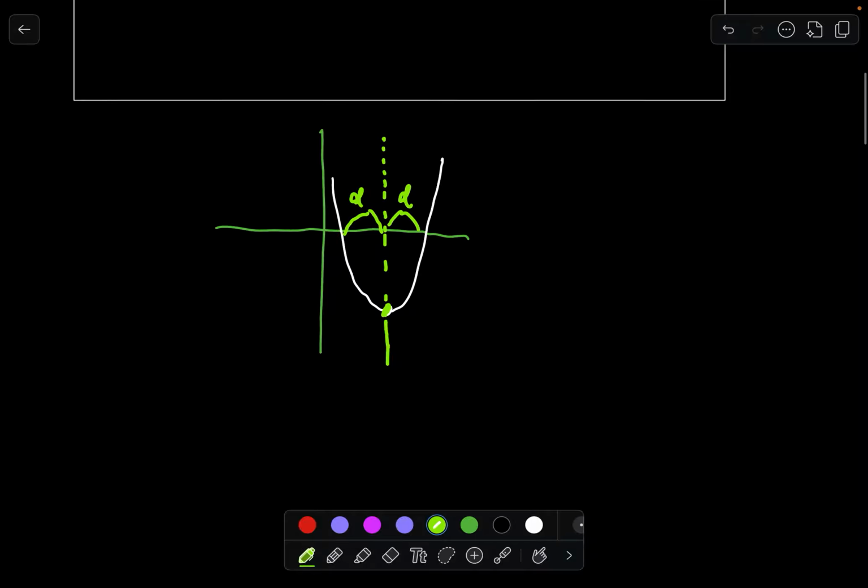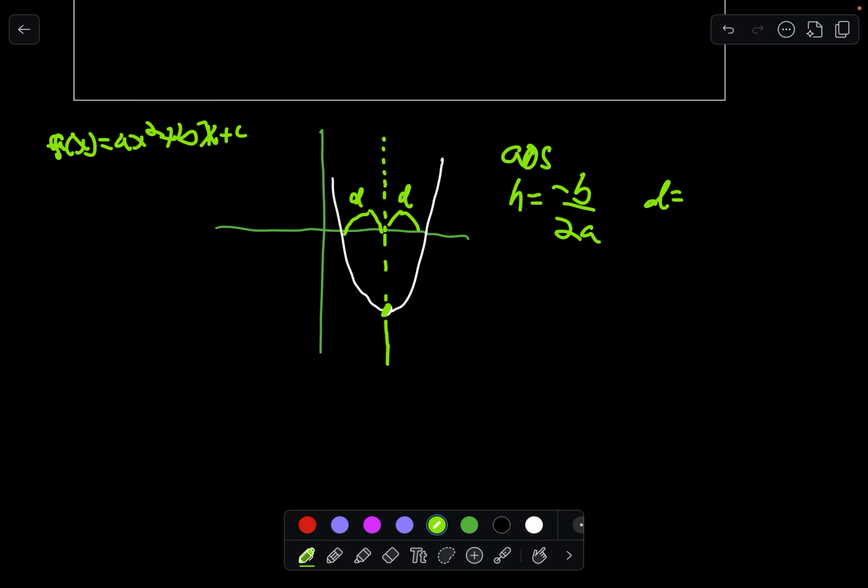And the trick is we know how to find the axis of symmetry, the AOS. We already know that. h equals the opposite of b over 2a when it's written in f of x equals ax squared plus bx plus c, in what we call standard form. So there's our axis of symmetry, and all we have to do is figure out what d is.